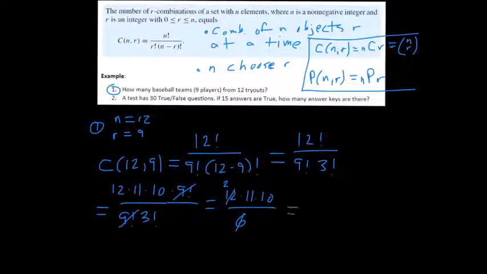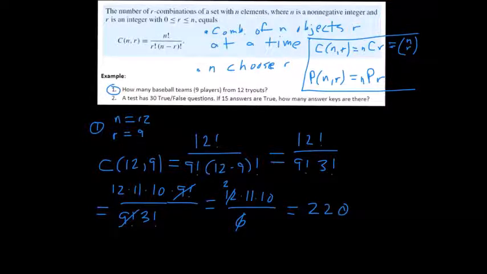And I just have 2 times 11 times 10, which will be 220. Because 2 times 11 is 22, and times 10 will make it 220. So there are 220 different baseball teams you can make from the 12 people who are trying out.